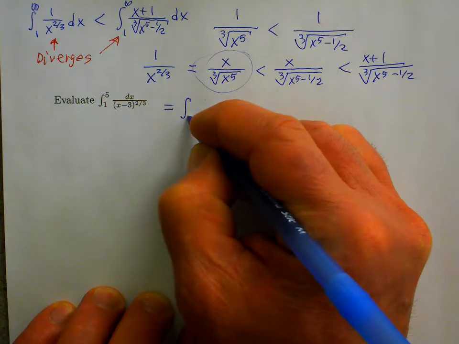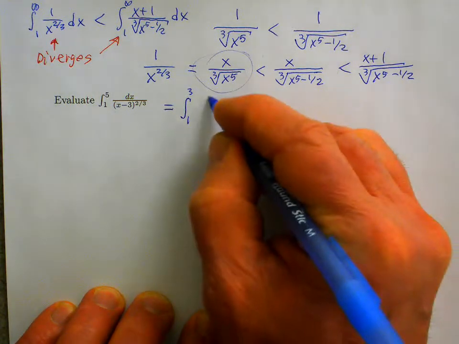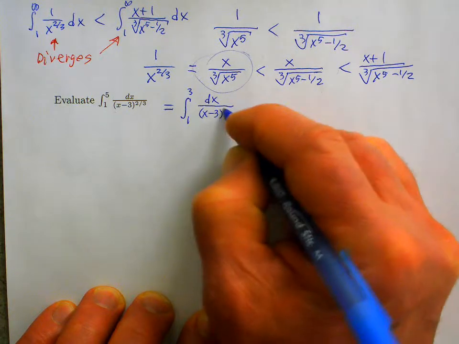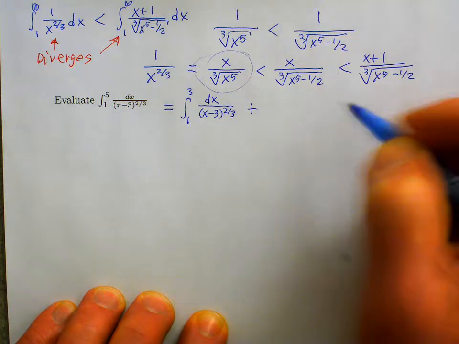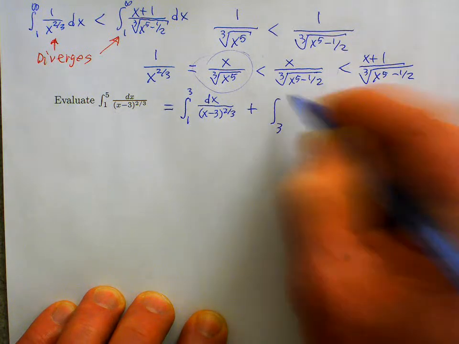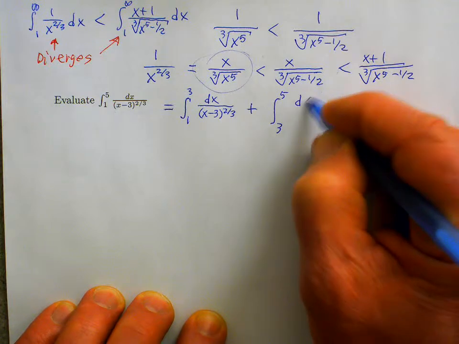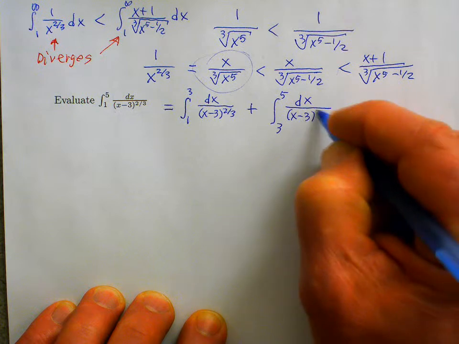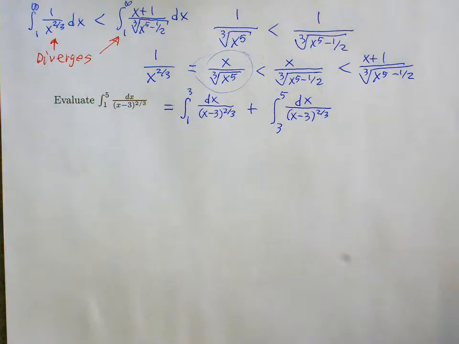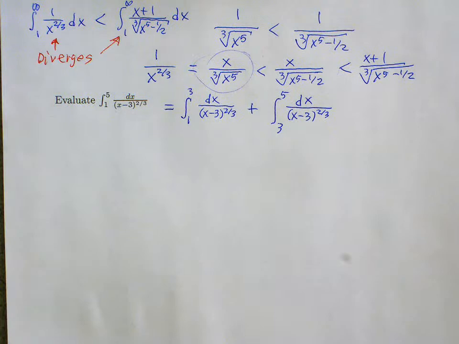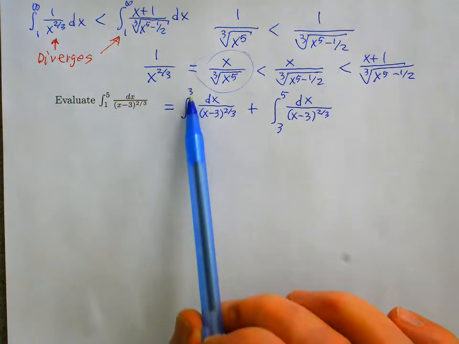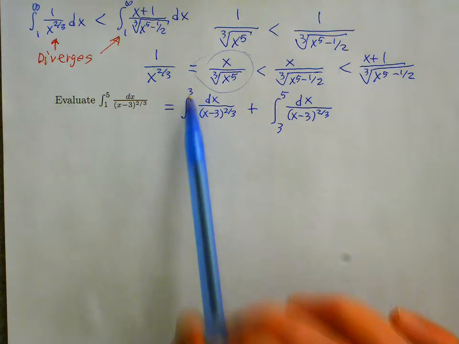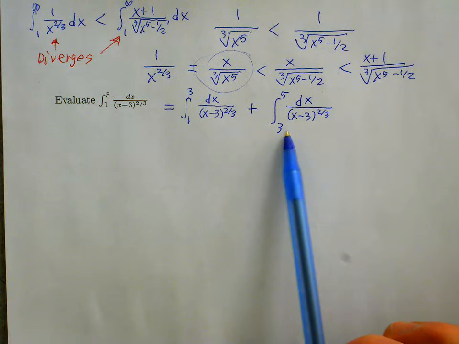One of them is from 1 to 3, and the other one is from 3 to 5. Each of those is also improper because the integrand is undefined at x equals 3, on the left and on the right.